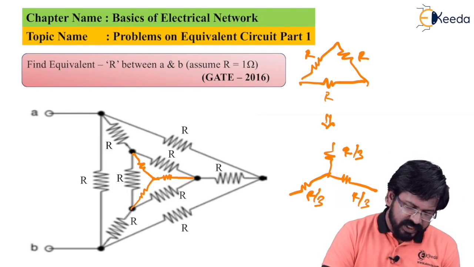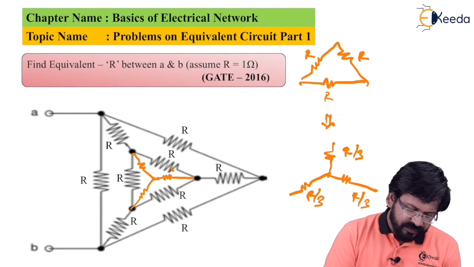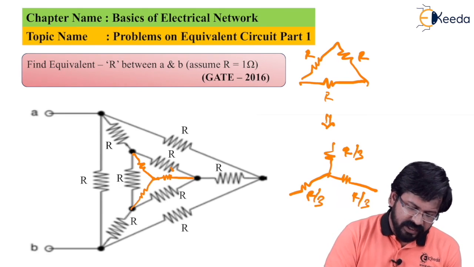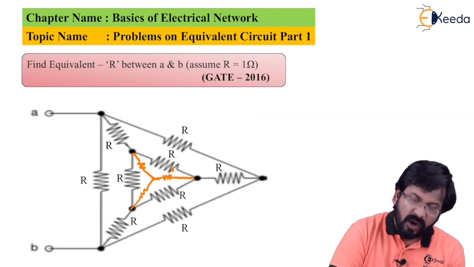So now we have decided to convert the inner delta into equivalent star, where star is having all the values as R, R, R. So everything now will become R by 3, R by 3 and R by 3. So I will first of all draw the outer delta first.